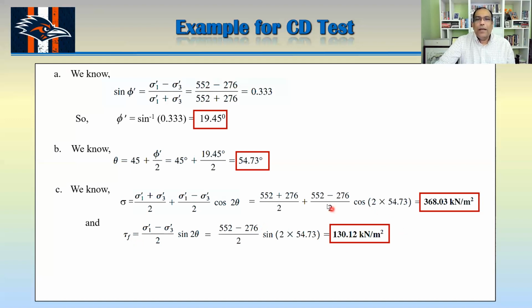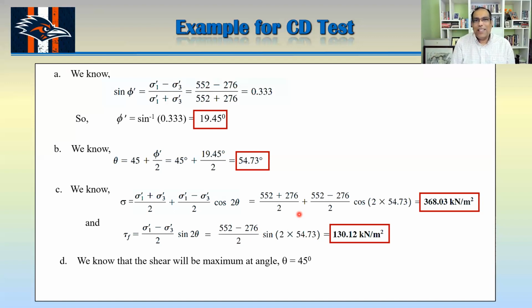Okay. Now they're also asking you the normal stress when your shear is maximum. So when your shear is maximum, in the Mohr circle, you can just take a look where the shear is maximum. That's actually right at the top of the circle, which makes 90 degree.